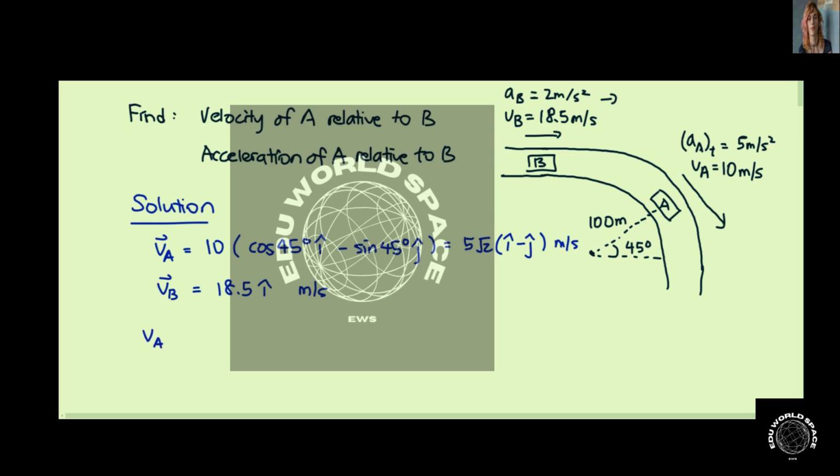So velocity of A relative to B by definition is velocity of A minus velocity of B. Okay, so we have (5 root 2 minus 18.5) I hat minus 5 root 2 J hat.